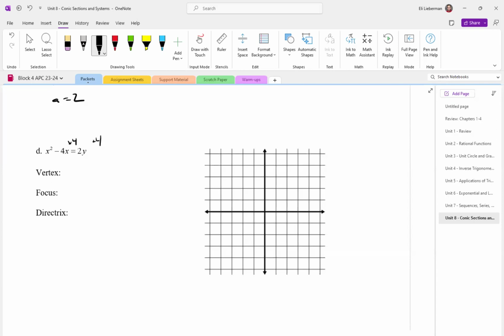Factor it in x. x minus 2 squared, and then equals... Then you factor out the 2 times y plus 2. So then the vertex is 2. Are we good so far, everybody? Wow, doing this on the fly, you're doing great.